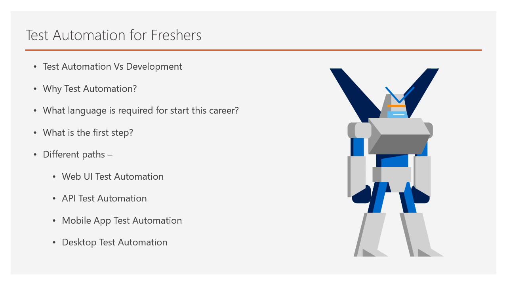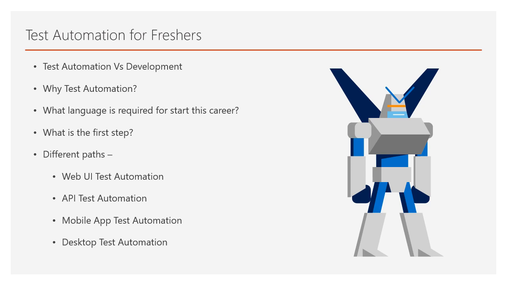You can build a script to test these applications in various languages. Maybe you can use Java or C# or other languages, but mainly the Java language is being used in the industry currently. So that particular application you can test through a test automation script.